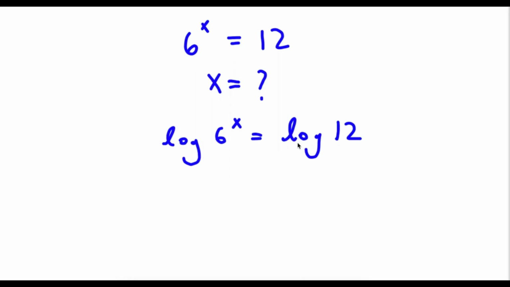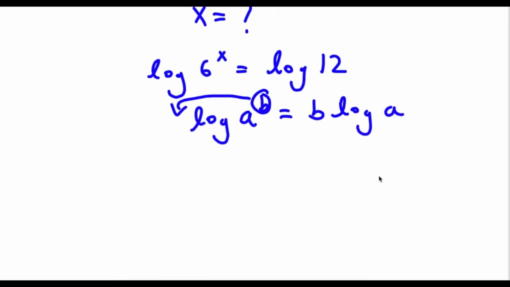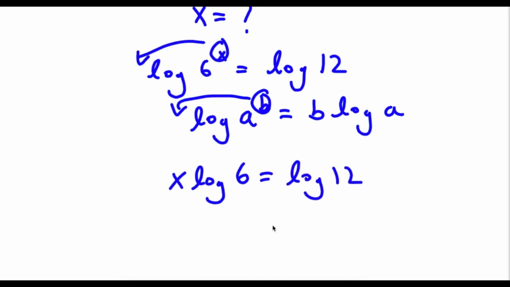Now an important property of logarithms is that if I have something in the form log a to the power of b, I can actually move this exponent b to the front of the logarithm. So this is equal to b times log a. So log 6 to the power of x, I can actually move this to the front. So I'll have x times log 6 is equal to log 12.